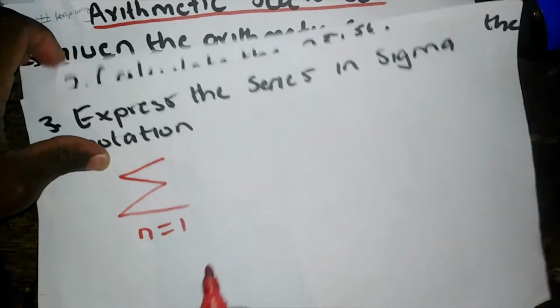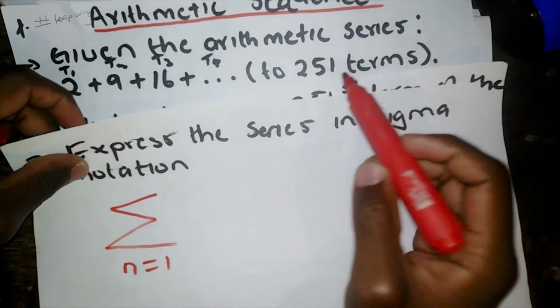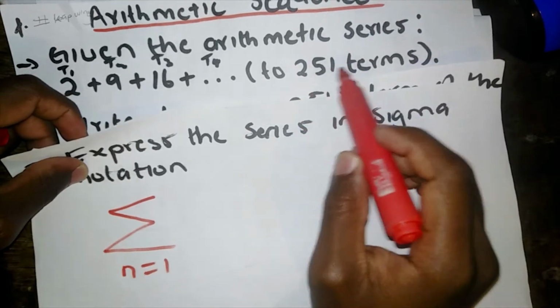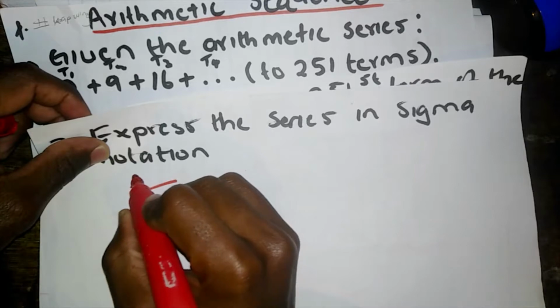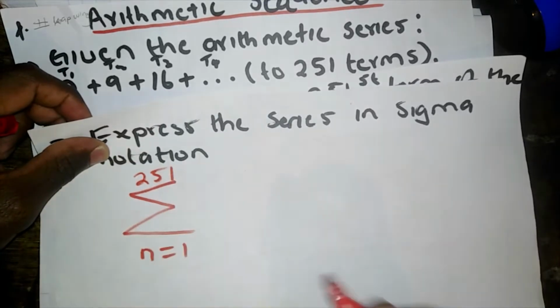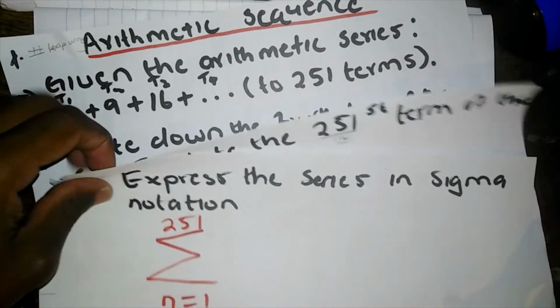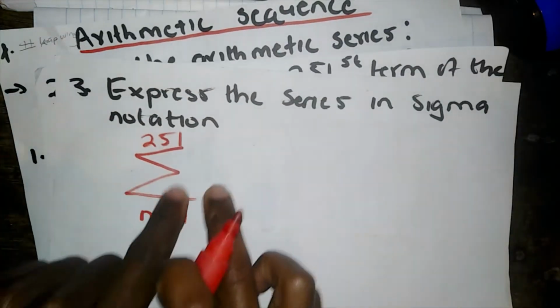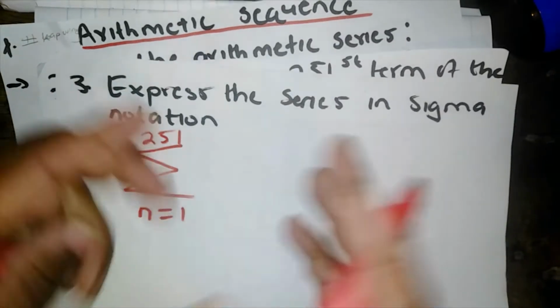So here our last value of n is 251, as given. And here you must put the formula for the term.